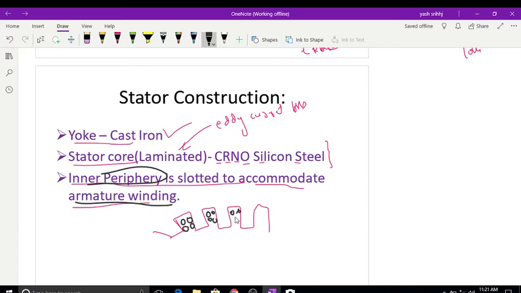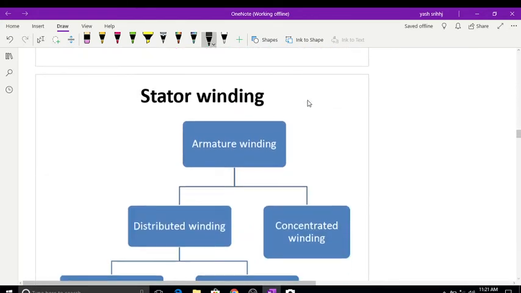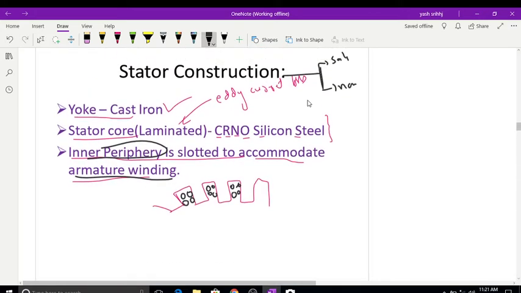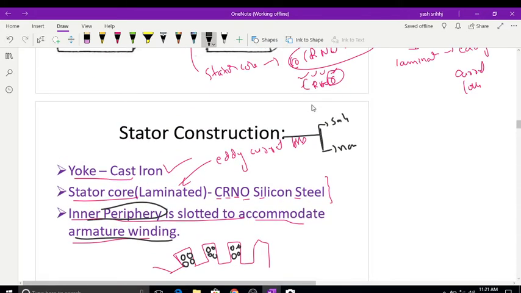In this way the armature winding is placed. This is all about the stator, and this stator is common for salient pole and non-salient pole rotors. I will explain later. In these slots, the armature winding is placed.